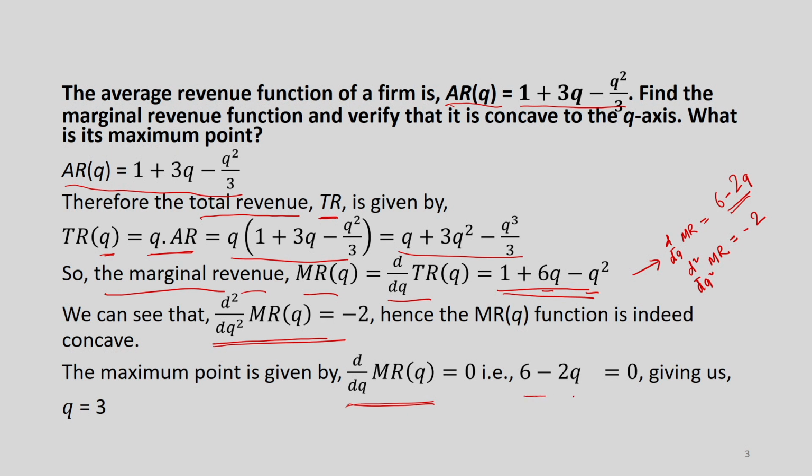So, 6 minus 2q is equal to 0, and if I solve that for q, I will get q equal to 3. This point is actually the maximum point, it is not the minimum point or an inflection point, because I have already seen that the MR function is concave.